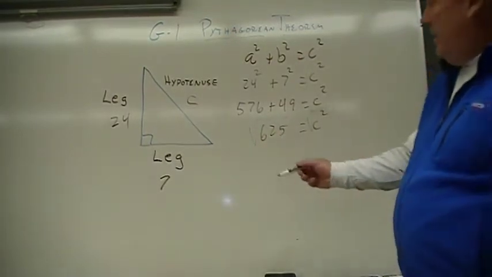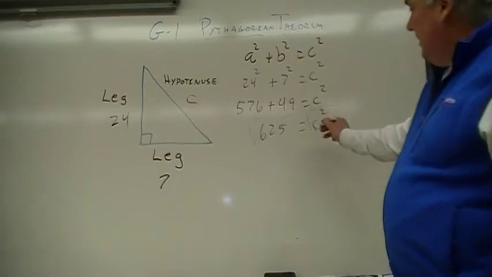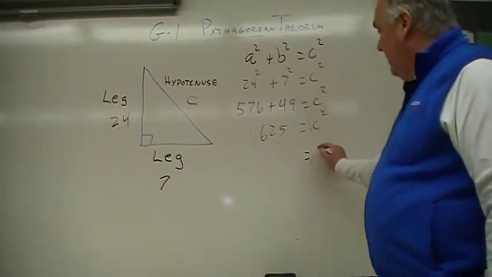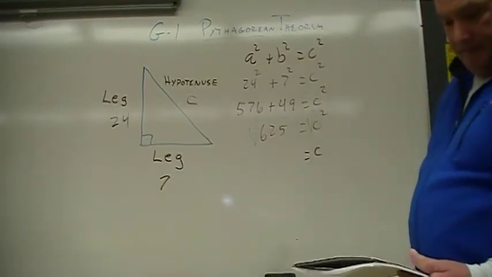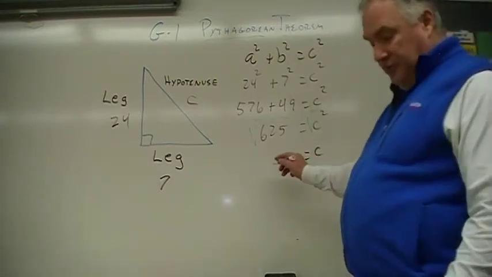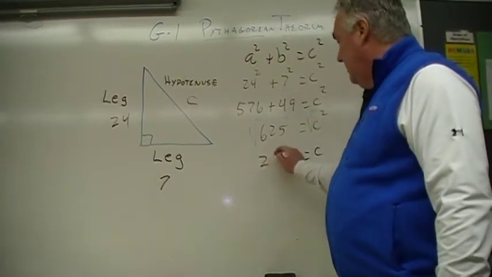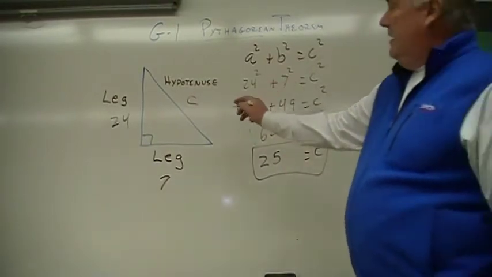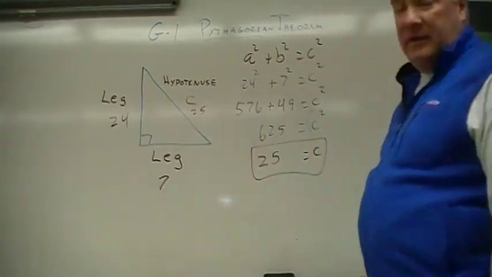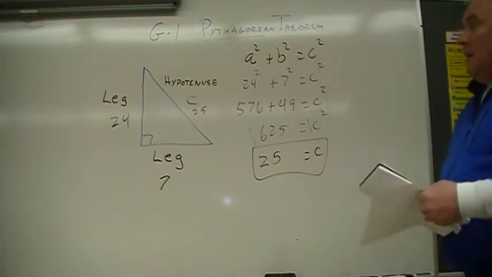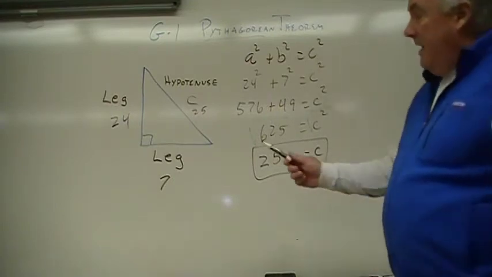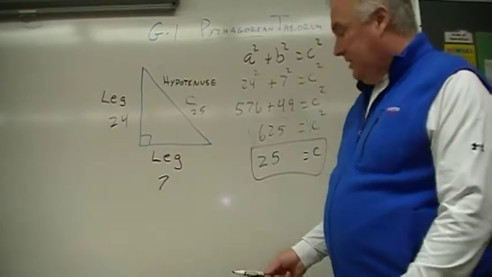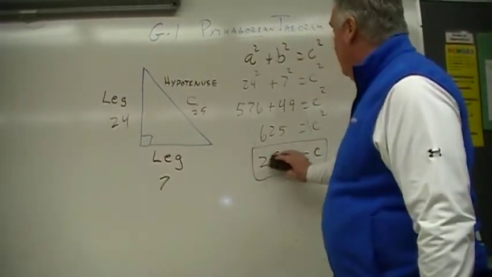Hopefully you can remember that radical form. So we take the square root of C squared is C, and the square root of 625 is 25, which is our answer. So this length is 25. Something else to notice, the hypotenuse is always the longest side, right? It's always going to be the longest.